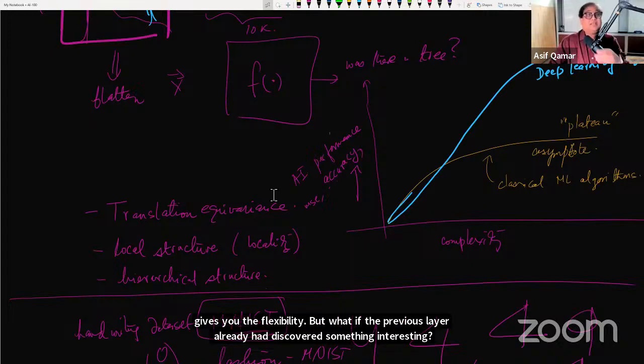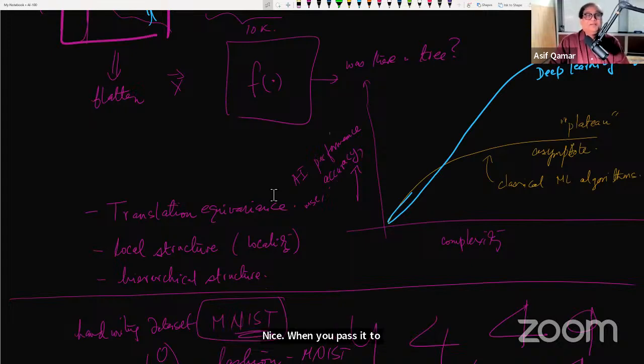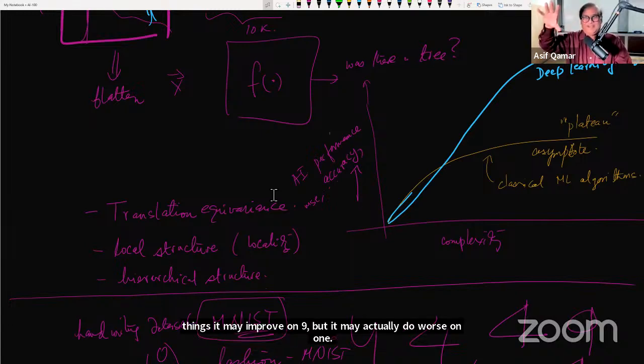When you pass it to the next layer, suppose the layer was in a state that it was doing a good job for one particular thing, but not for other things. So the next layer, by bringing in further deformations, might be doing overall better things. Out of 10 things, it may improve on 9, but it may actually do worse on 1 or something like that. Are you understanding that?